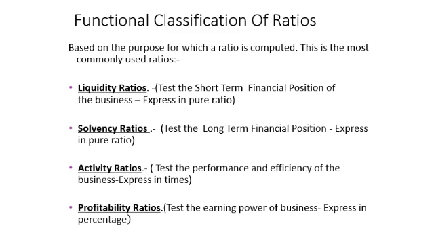These are expressed in pure ratio form. It means a ratio can be expressed in pure ratio form, in times, in percentage, or as a fraction. But generally we do not use the fraction type. We use pure ratio as well as times-based ratio and percentage-based ratio.